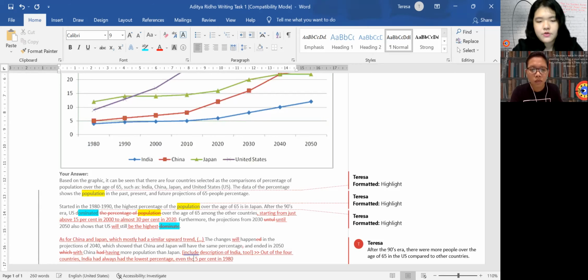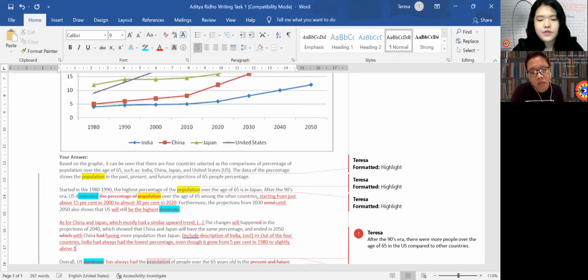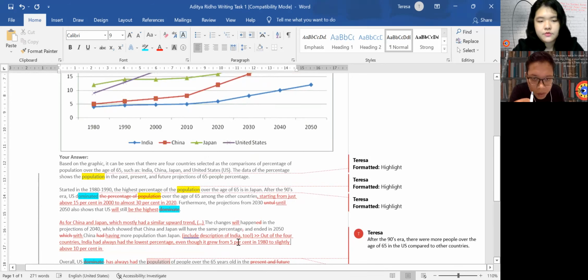Or even though it grew from 5% in 1980 to slightly above 10% in 2050.